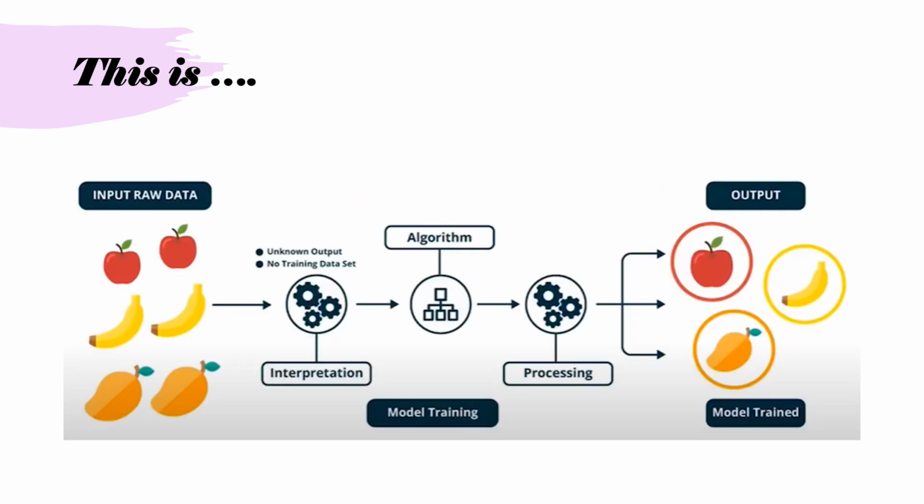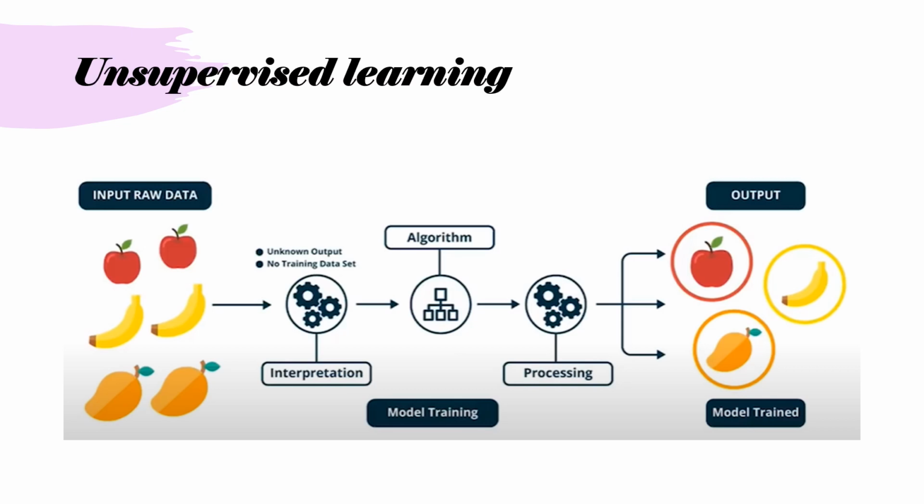The next will be an example of unsupervised learning. Here the input raw data is not categorized or we don't have any output categories. Even if we don't know the output categories, we find similarities between these images of apples, bananas and mangoes. From that, we can group them into 3 different classes.